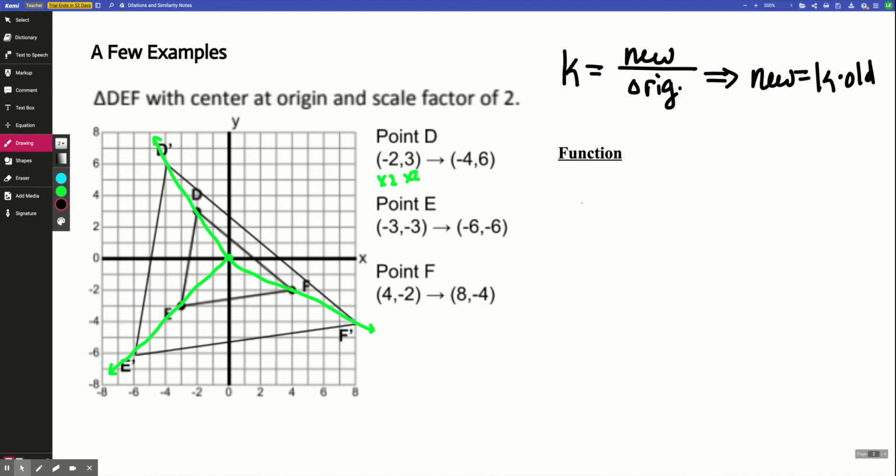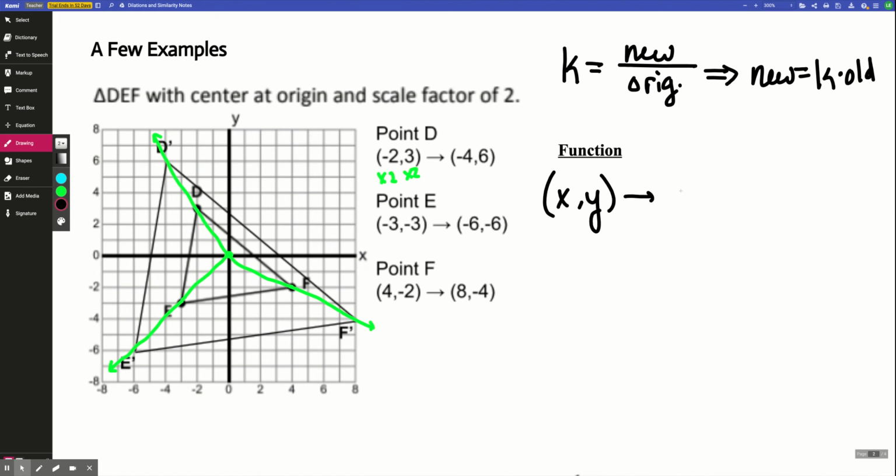So if I wanted to write this in function notation, I would write x comma y becomes kx, so 2x comma 2y. Okay, so that's my function notation.